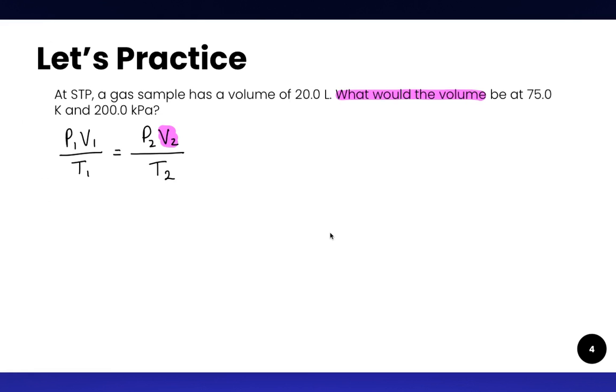Now we just have to list out the things we know. Okay, so here's our unknown. Right here it says at STP. So that's standard temperature and pressure. So we know P1 and T1. And the unit that they use for P2 is kilopascals. So that's the pressure unit we're going to use here.